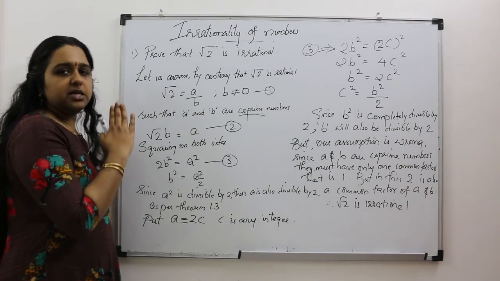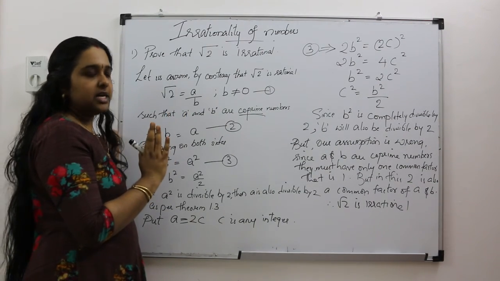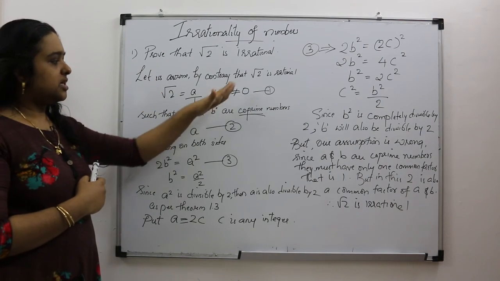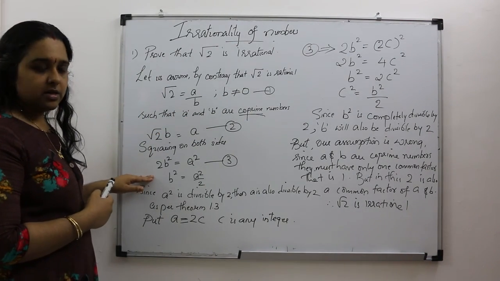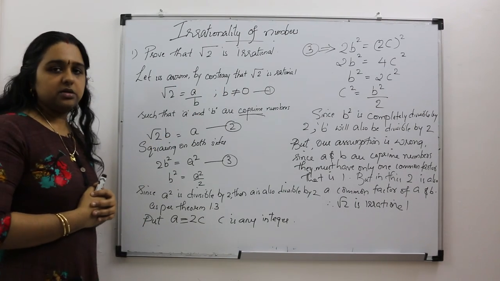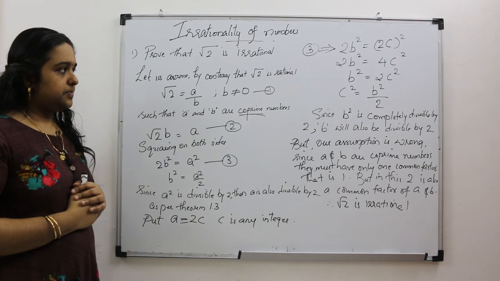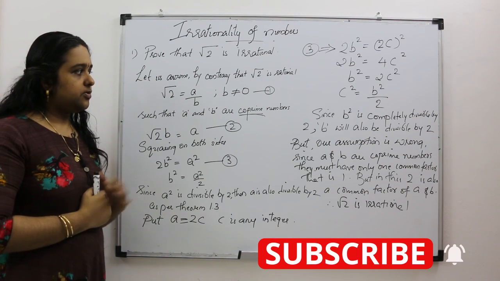These steps are similar in all the questions related to proving irrationality of a number. First we have to assume it as rational, then we have to square the terms, then we will make a substitution. From that we will prove in this way. Steps are similar. Just have a look at this, it will be more clear.